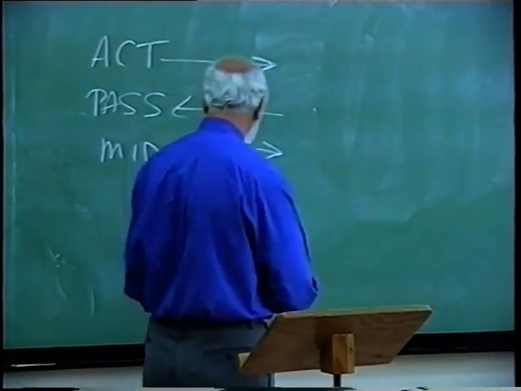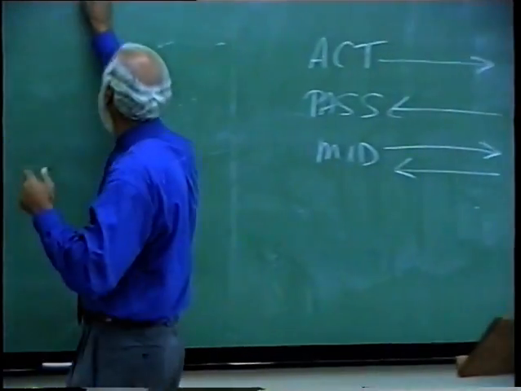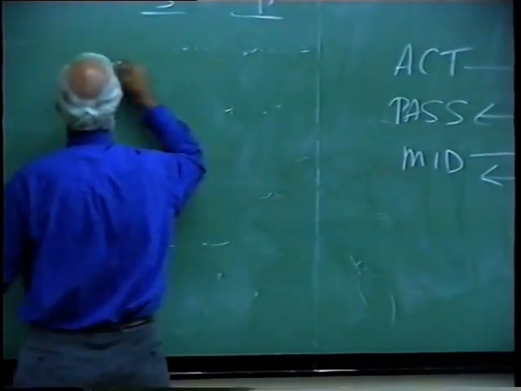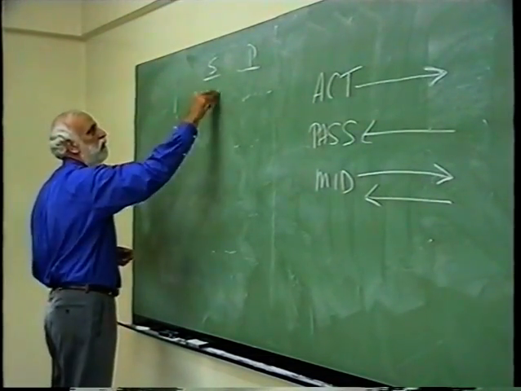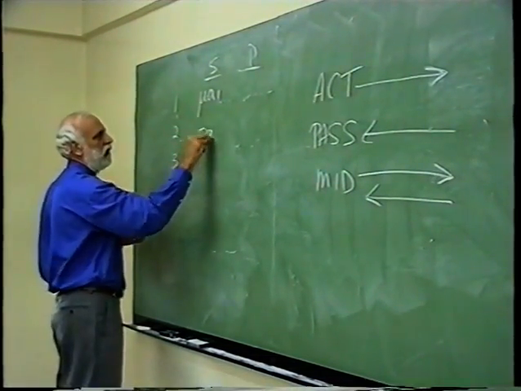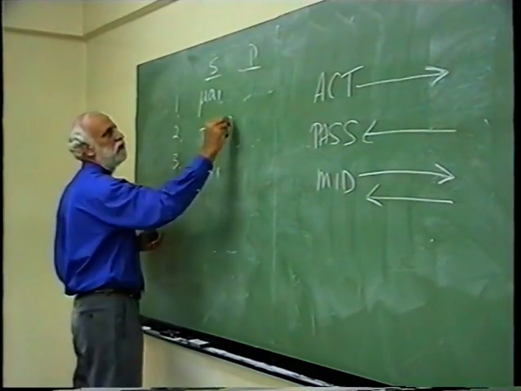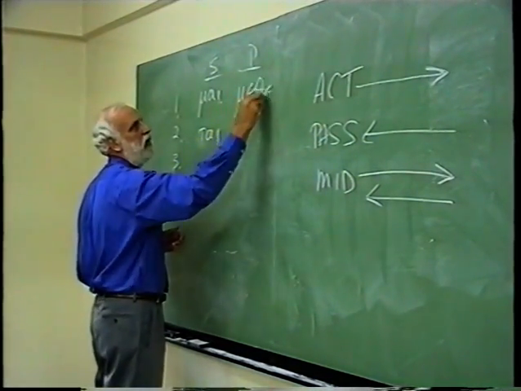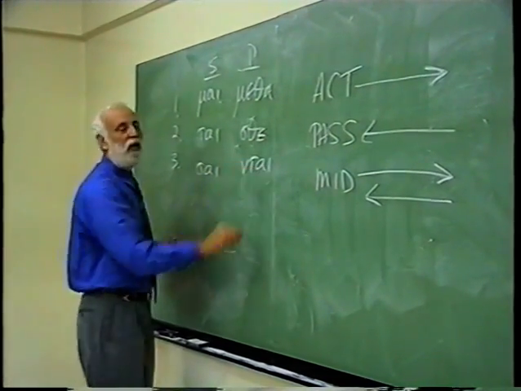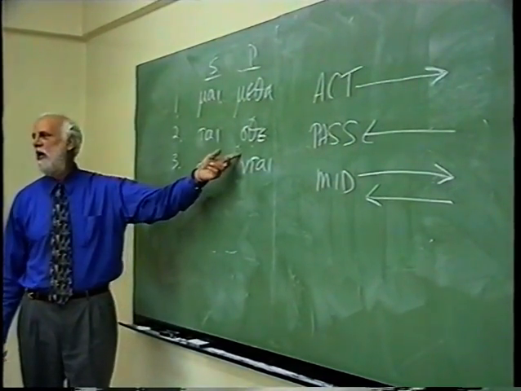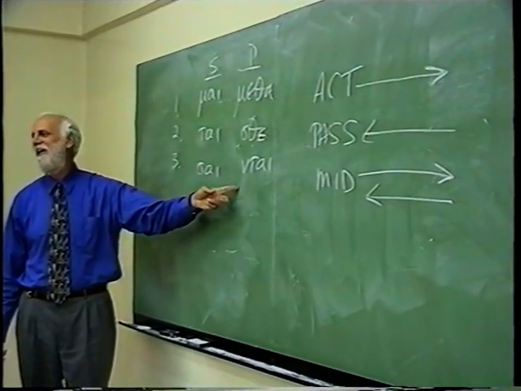Now, here are the suffixes that you must memorize. Here are the middle passive suffixes. They go like this: mai, sai, tai, metha, sthe, ntai.